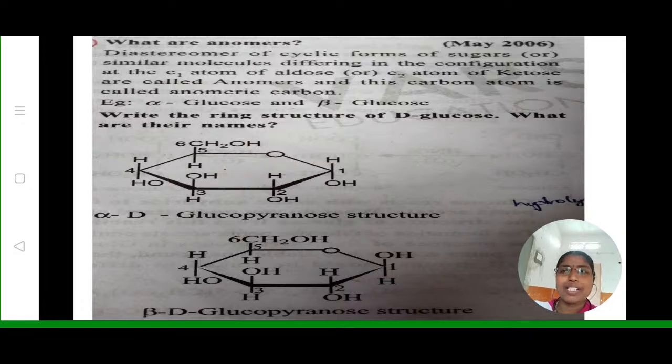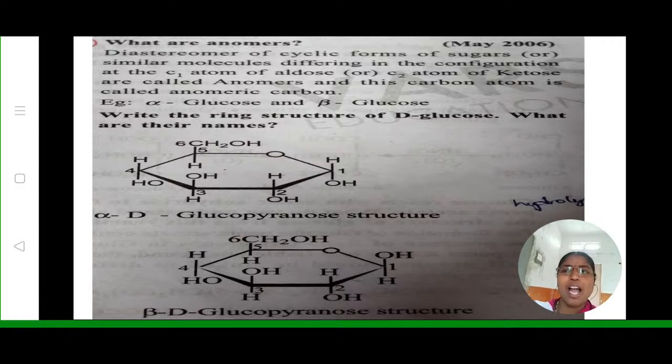Another example is alpha glucose and beta glucose. In the structure of alpha glucose, the OH group at the C1 carbon lies below the cycle. In beta glucose, the OH group lies above the cycle.